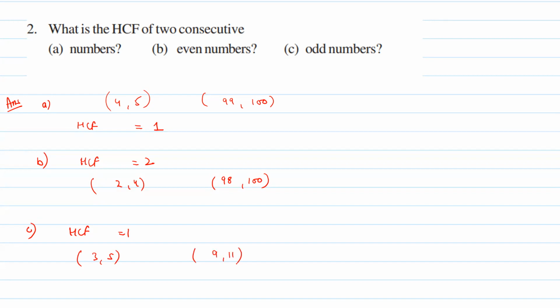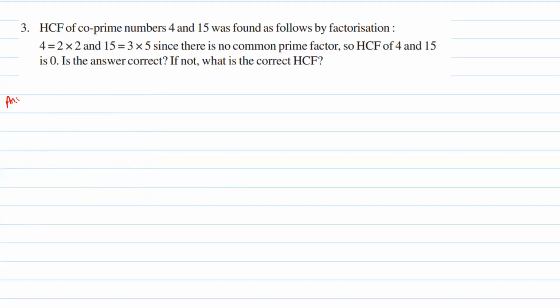Okay. Coming to the third. HCF of coprime numbers 4 and 15 was found as follows by factorization. 4 is 2 into 2. 15 is 3 into 5. Since there are no common prime factors, the HCF of 4 and 15 is 0. Is the answer correct?